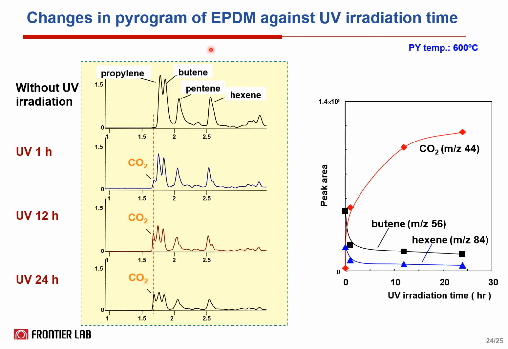These are enlarged pyrograms obtained at 600 degrees C without UV radiation, with UV radiation for 1 hour, 12 hours, and 24 hours. Comparing the pyrograms, the peak for CO2, which was not observed before the UV irradiation, was observed, and its intensity increased as the UV irradiation time increased.